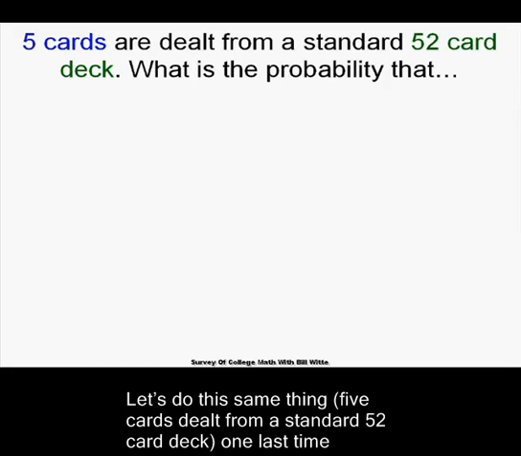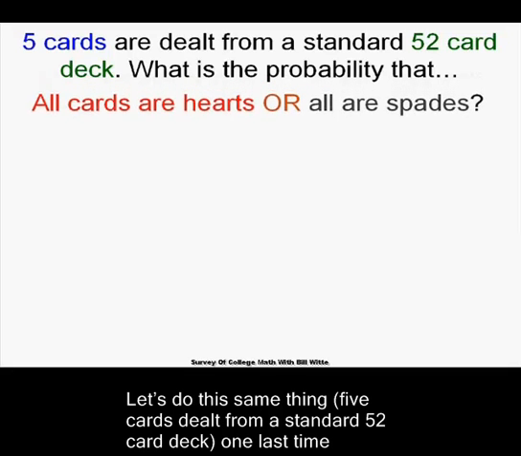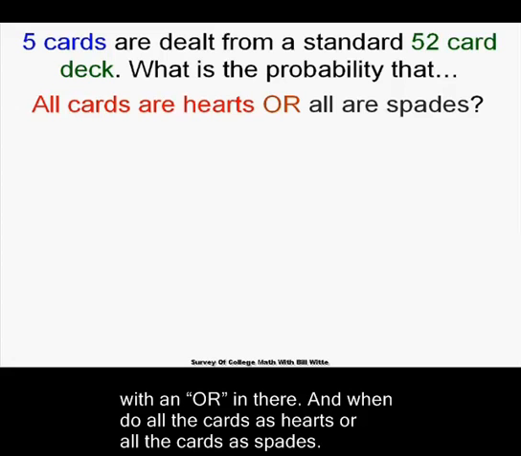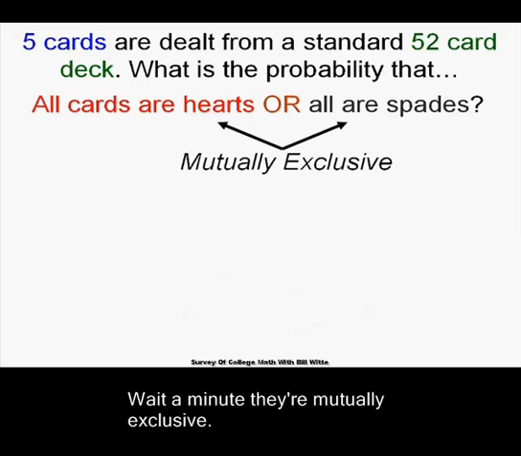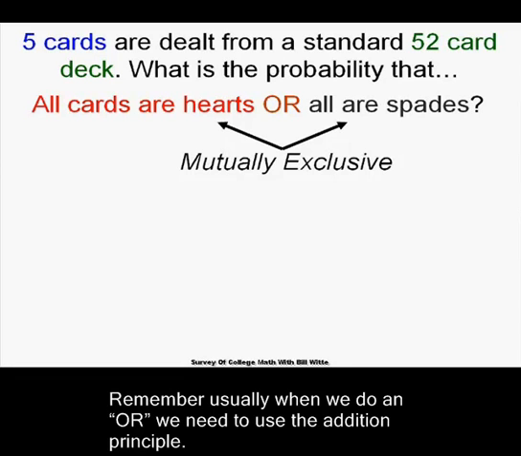We do this same thing, 5 cards dealt from a standard 52 card deck, one last time with an or. I want to know if all the cards are hearts or all the cards are spades. A clue: they're mutually exclusive. Usually you'd say, I see an or, so I'm going to use the addition principle.